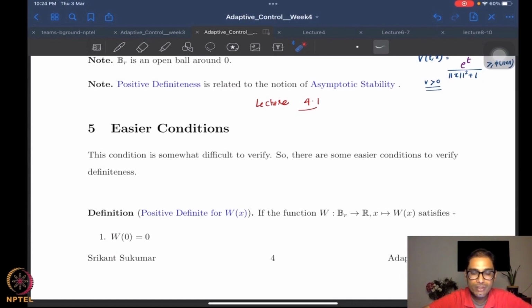Think of the Lyapunov functions or these V functions as some kind of energy functions, and we want the system to settle at the origin, that is x equal to 0. Therefore, we want this notional energy function to also be 0, or at its minimum value, at the origin. It doesn't make sense otherwise.